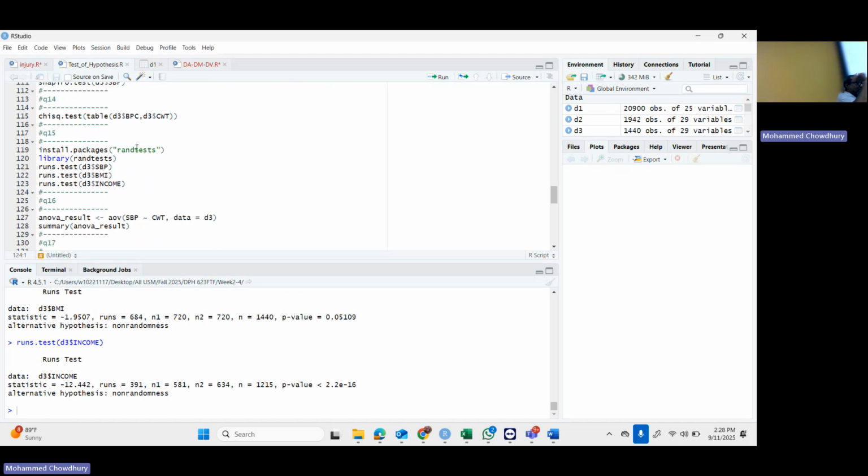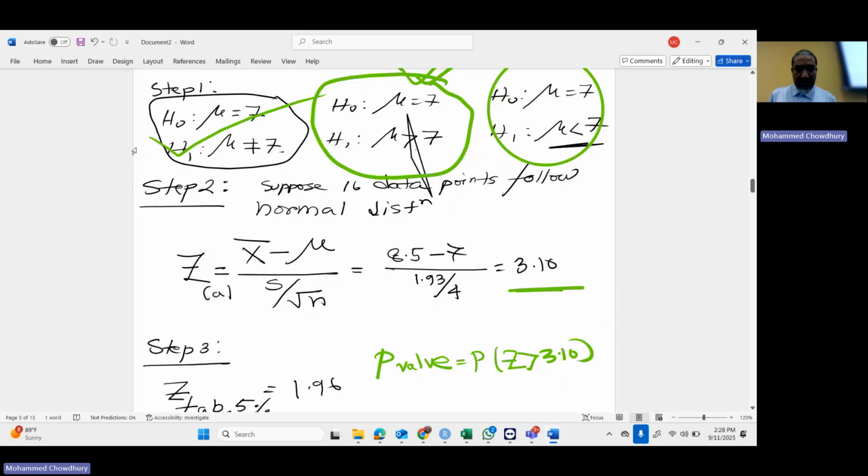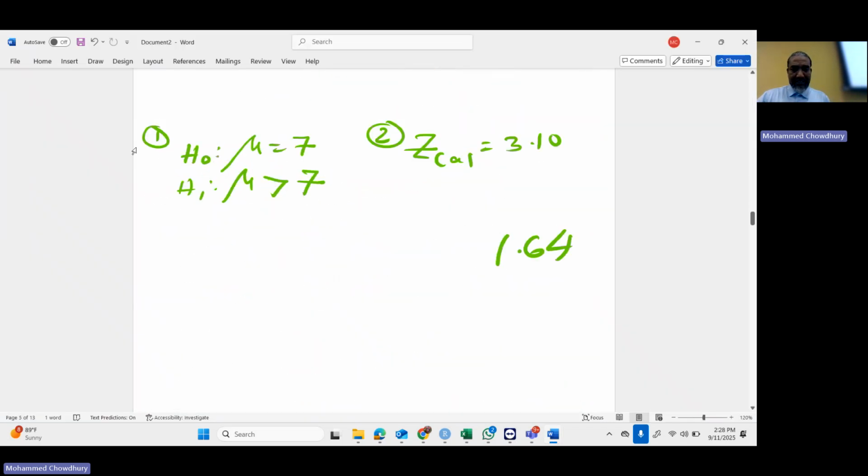Take a look, the chi-square test and the F test, which is the analysis of variance test, are only positive. There is no negative. The T and Z distributions are symmetric. Some values negative, some values positive, right? But chi-square and F distributions are always positive, 0 to infinity. If someone asks me to draw the chi-square curve or F curve, it should be like this.